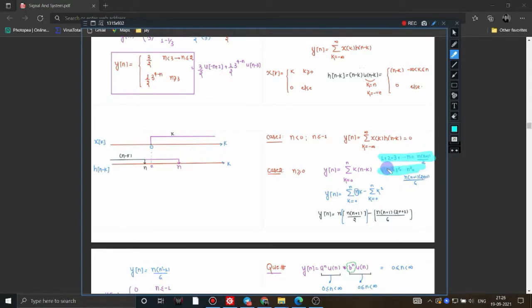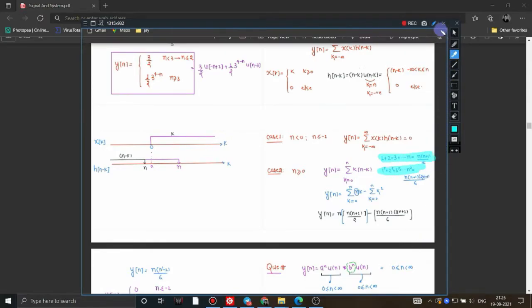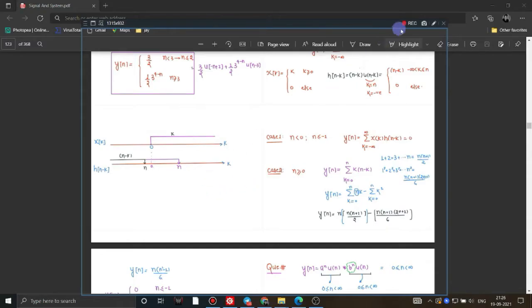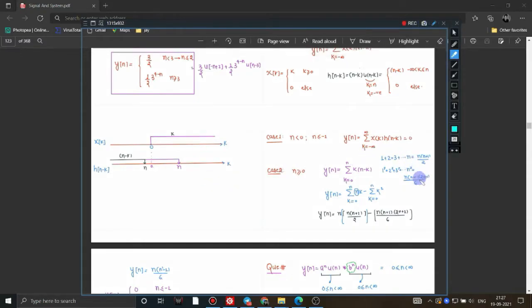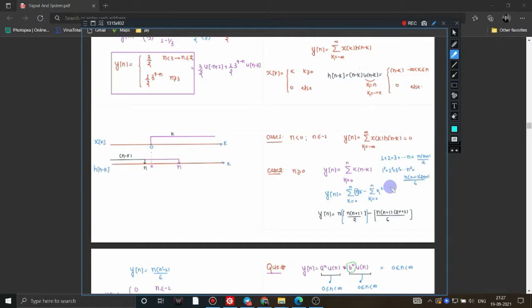If it is simply adding the natural numbers, then the formula is n(n plus 1) by 2. And if it is adding the natural numbers with the square, then n(n plus 1)(2n plus 1) by 6.